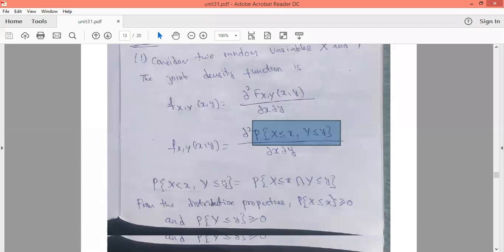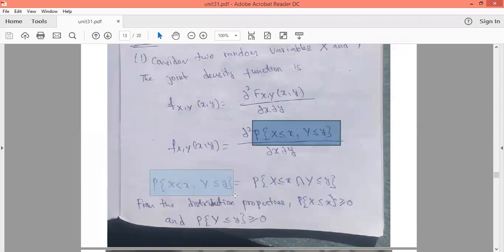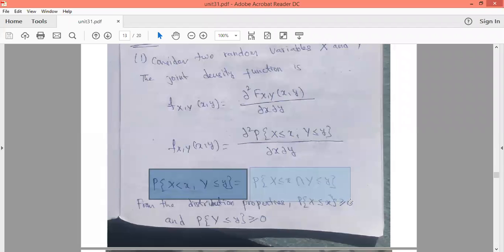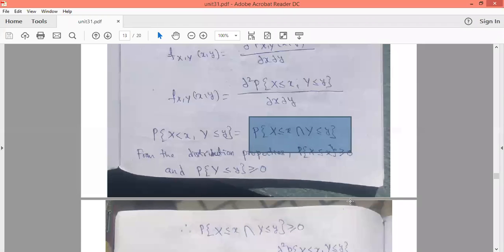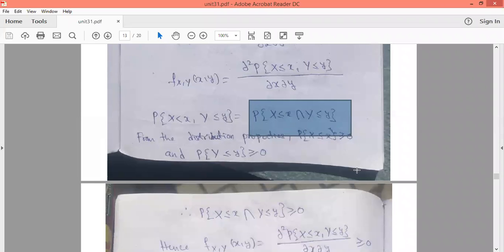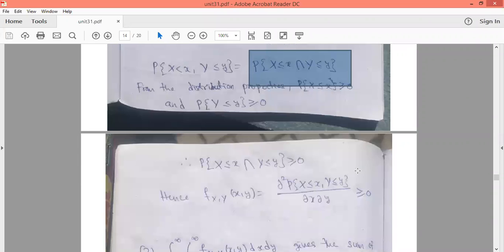Now, the probability of X ≤ x, Y ≤ y is nothing but the probability of X ≤ x intersection Y ≤ y. Since the probability of X is always greater than or equal to 0 and the probability of Y is also greater than or equal to 0, the joint probability of these two events will also be greater than or equal to 0.